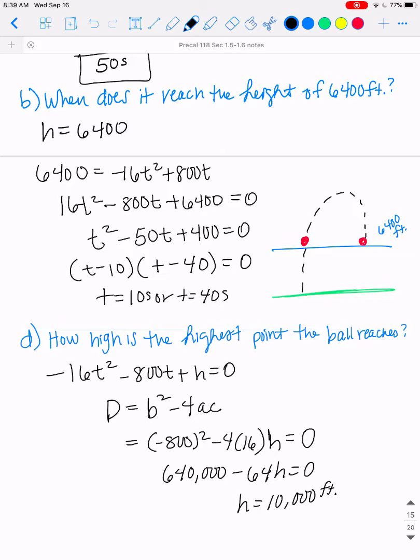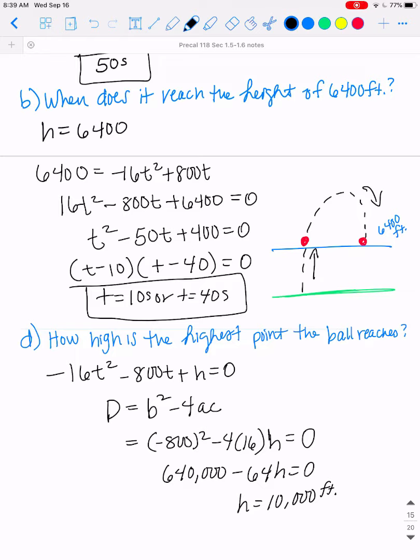I factored out a 16, and so I got t squared minus 50t plus 400 equals 0. I use the zero product property after I factor, so I have t minus 10 times t minus 40 equals 0. So our t is 10 seconds or 40 seconds, and that's because it reaches the height of 6,400 feet twice: on its ascent and then also on its descent from the top. So t equals 10 seconds or t equals 40 seconds.